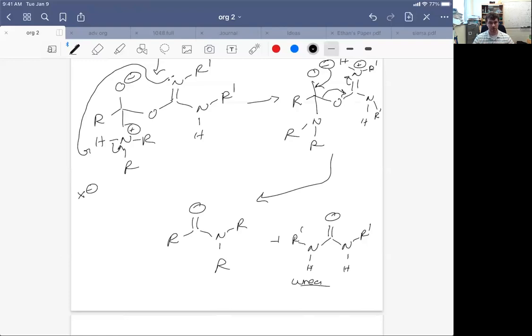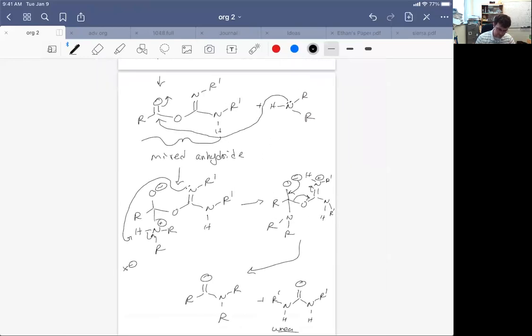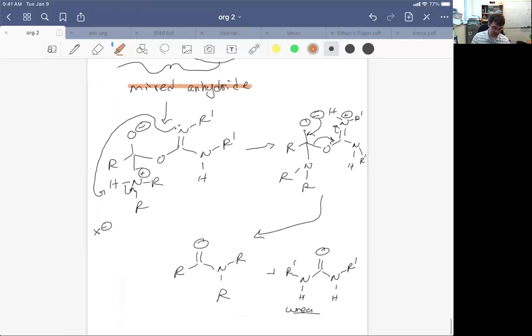And not only a neutral molecule, but we make urea, which is inherently, as we'll see, a pretty stable molecule. So let's backtrack a little bit. We made a mixed anhydride, which served as our strong electrophile. We actually didn't react the amine directly with the carboxylic acid. This is a super practical way of making amides.